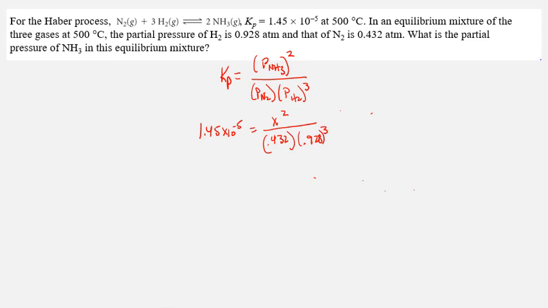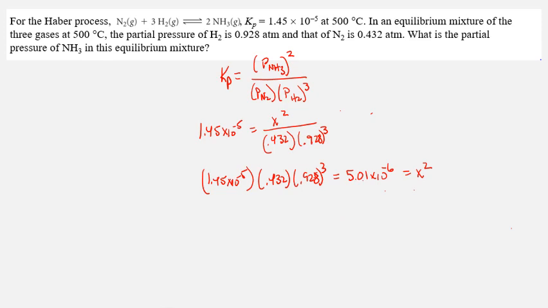So as I multiply and divide, rearrange my expression, I end up with the 1.45 times 10 to the negative fifth multiplied by 0.432 and 0.928 cubed, and all of that together equals 5.01 times 10 to the negative sixth, and that is set equal to the x squared for the partial pressure of the NH3.